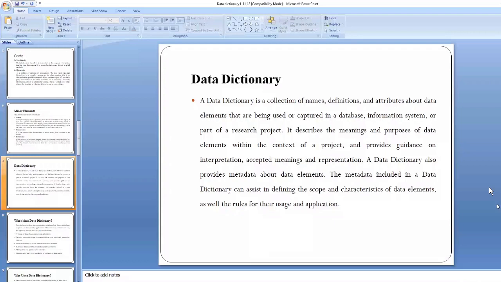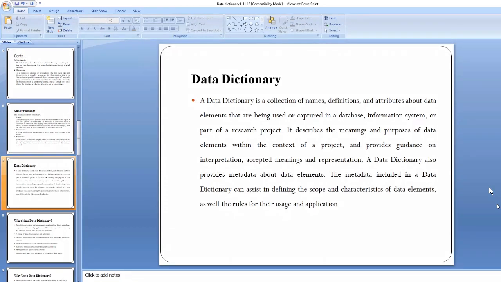What would be the information stored in this dictionary about the data? It has a collection of names of the data, its definition, meaning its introduction, and the attributes, the information about the data elements being used or captured in a database, information system, or part of a research project. So in a data dictionary we usually have the names, the definitions, and the information related to them, and they are maintained in that particular dictionary.